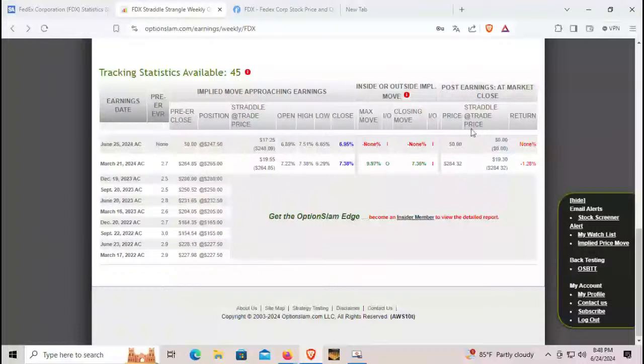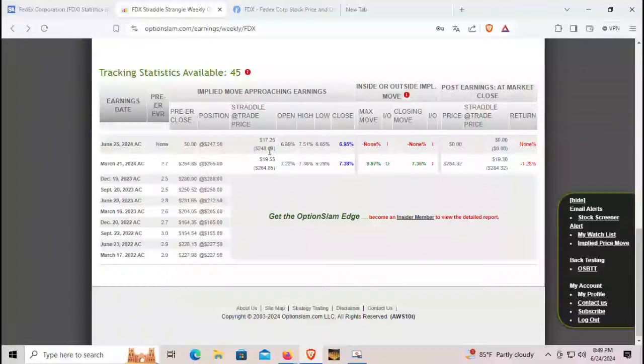So the price was 284 at the close. So post earnings at the market close, 284. The straddle actually lost 1% because the play was 1955 and the straddle would be 1930. So this play over here might already say the position for June 25th is the 247, but the stock traded at 256.